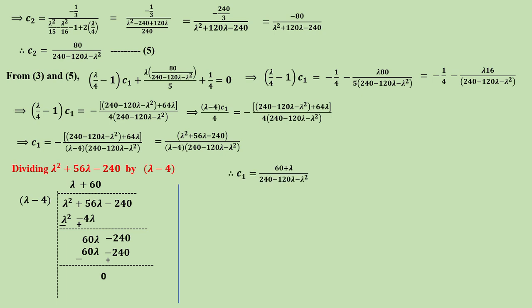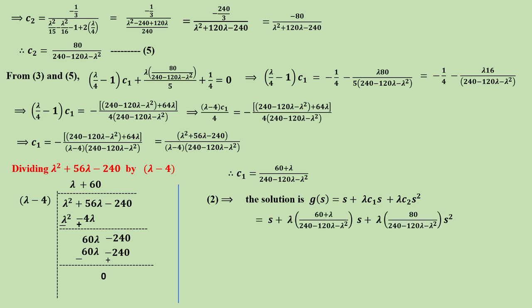So you will get C1 equal to, when you divide that, numerator 60 plus lambda, right, by 240 minus 120 lambda minus lambda square. So the solution is G of S is equal to S plus lambda C1 S plus lambda C2 S square. Substituting the value of C1 and C2, it is equal to S plus lambda into 60 plus lambda by 240 minus 120 lambda minus lambda square S plus lambda into 80 by 240 minus 120 lambda minus lambda square S square.